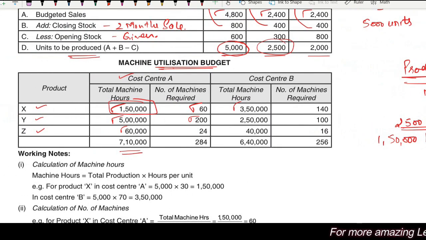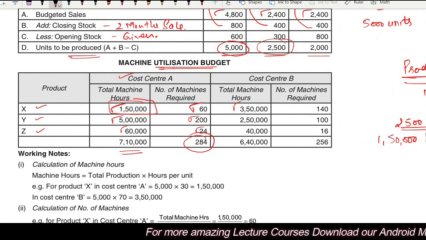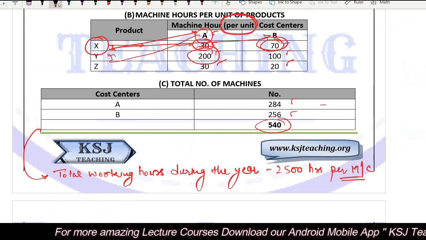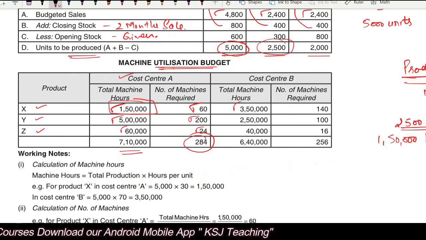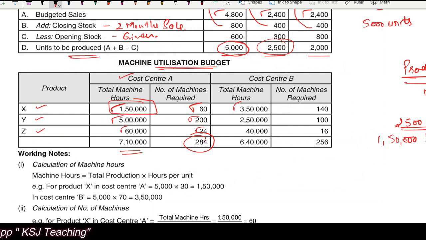Similarly for Z, 60,000 divided by 2,500, 24. So the total is 284, and the total machines available is 284 only. Clear? Similarly for cost center B, 3,50,000 divided by 2,500, 140, 100 and 16.